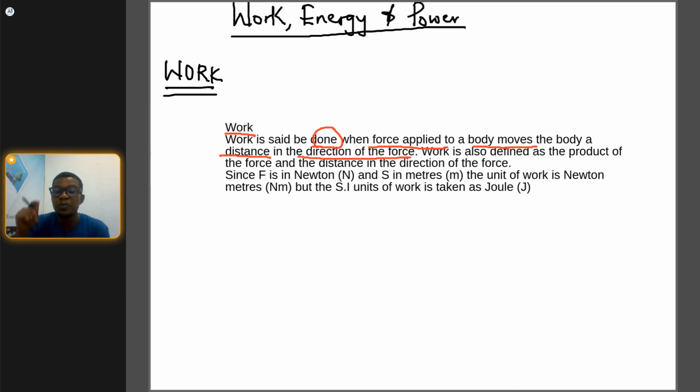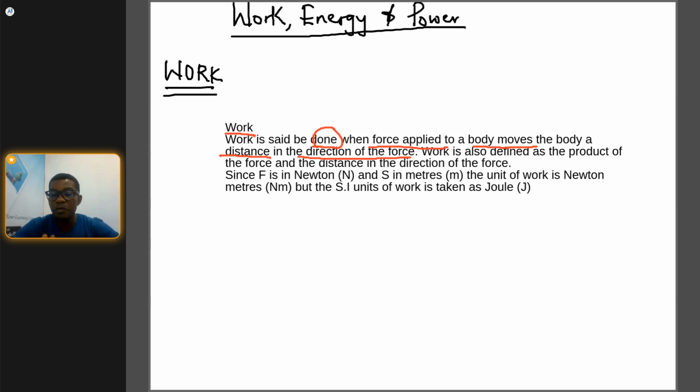Can you see that? Moves the body. So any body, objects that you are applying force to, if you are going to say the work can be classified as work done, that means that object or that body has to move a distance, at least a distance, in the direction of the force applied.